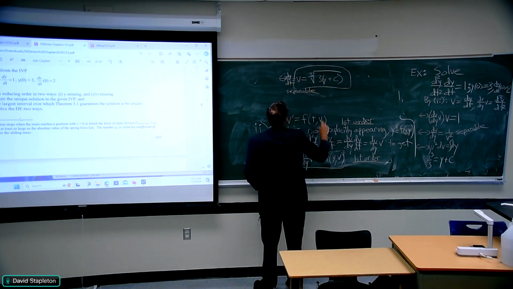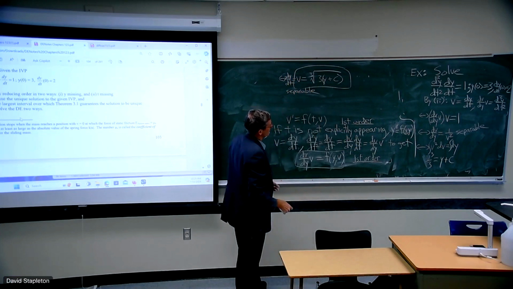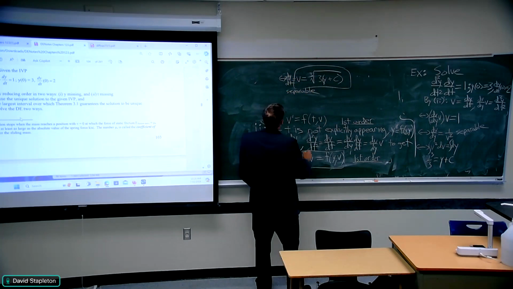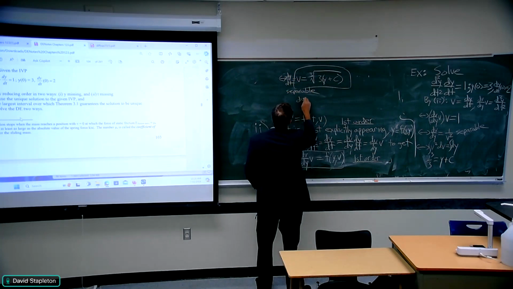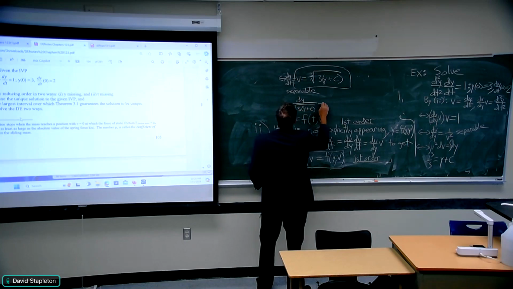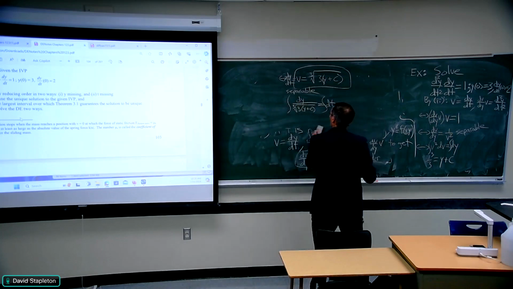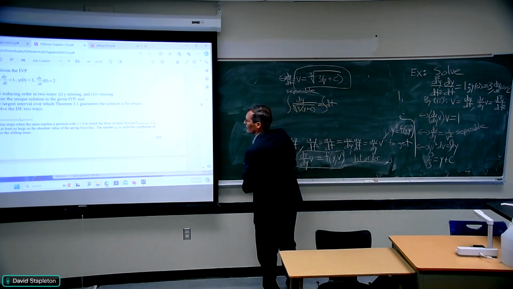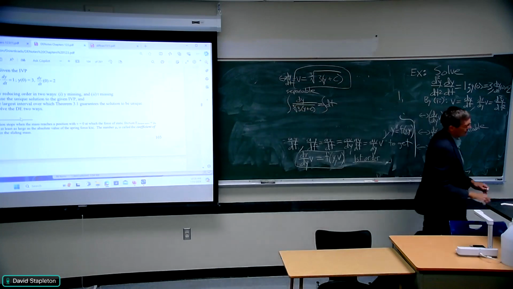So what happens in practice, right, is each integration gives you an arbitrary constant. You wind up with two arbitrary constants, just like we did for the linear equations. So we'll get now dy over the cube root of 3 times y plus c equals dt, and we integrate that since variables are separated. And what do we get? I wrote it in the notes, so I wouldn't have to put this all together.